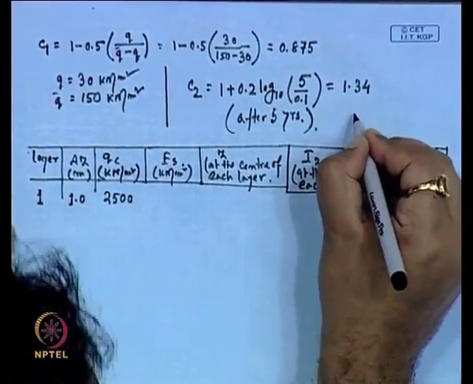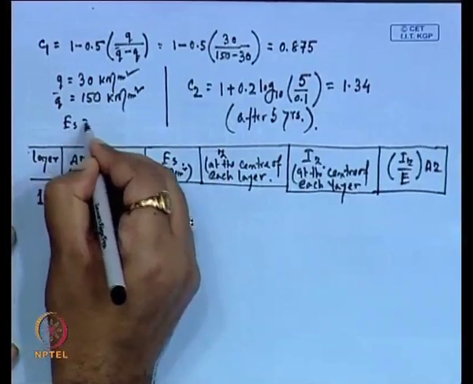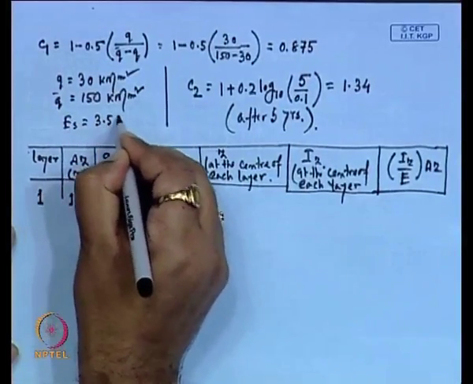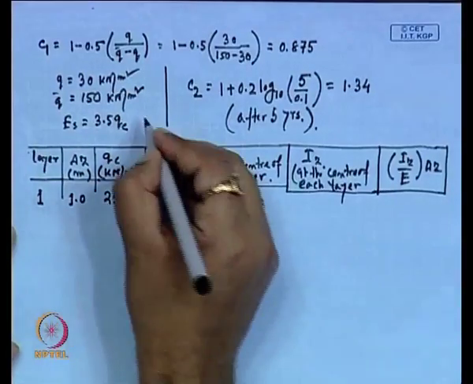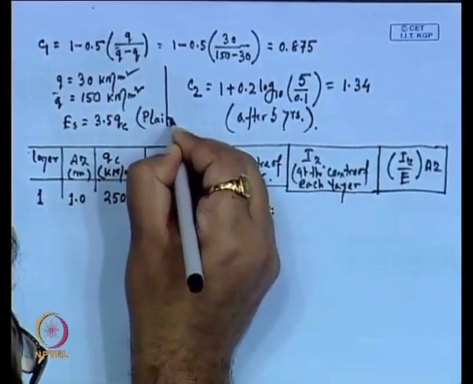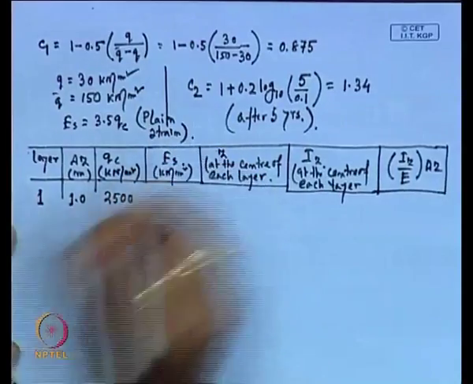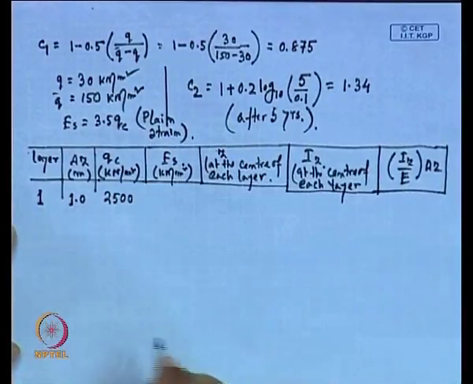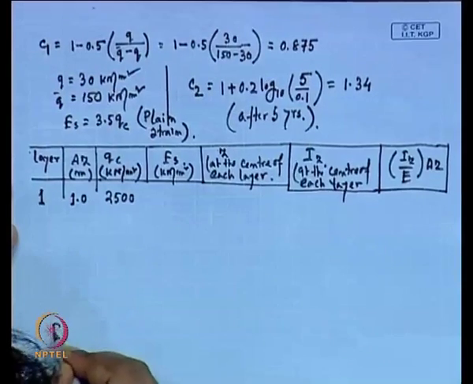Now, E s is 3.5 Q c for plane strain condition. Now, Q c will give us the E s value.